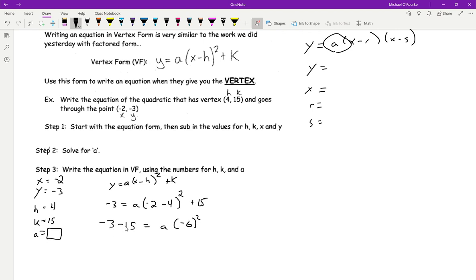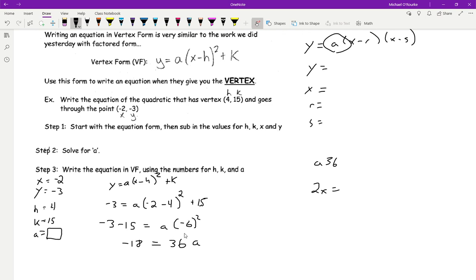So -3 minus 15 is going to be -18 equals, what's -6 squared? -6 times -6. Perfect. 36. I like to put it in front of the A because that's how we always look at it. Like when we have 2x equals something, I always put it in front. You could put it behind, but it just looks weird to me. So I move it up.